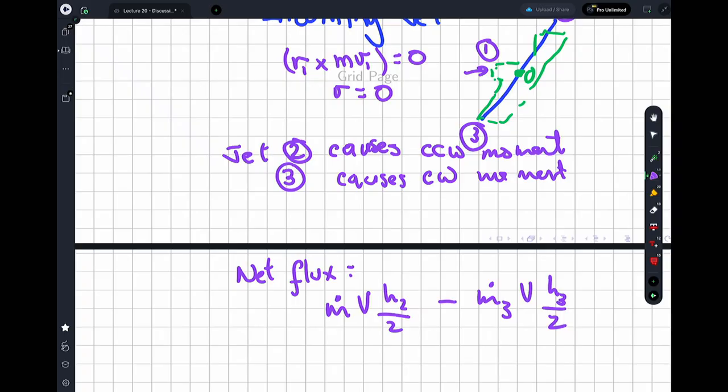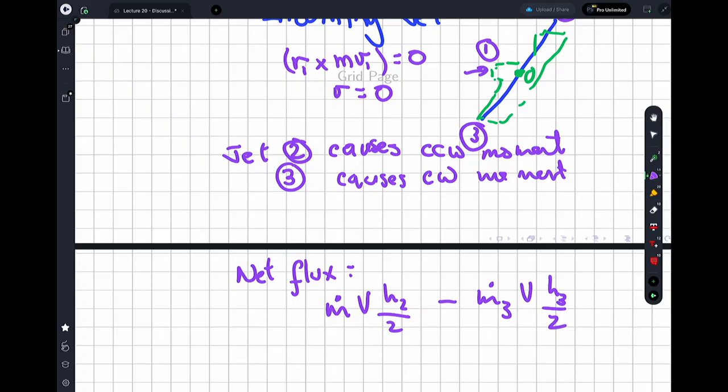So when you look at that, you then have the moments that are caused by the linear momentum with respect to point O. Jet 2 will give a counterclockwise moment, and jet 3 will give a clockwise moment.